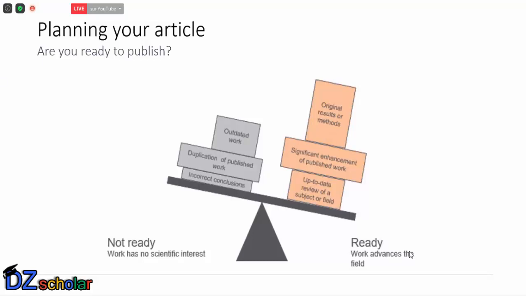You don't want to publish yet or submit anything if you would be duplicating previously published work, or if your conclusions are incorrect or not acceptable. These points are good indicators that your research or your paper lacks scientific interest or does not substantially advance the field, which is something that editors are going to be looking for.